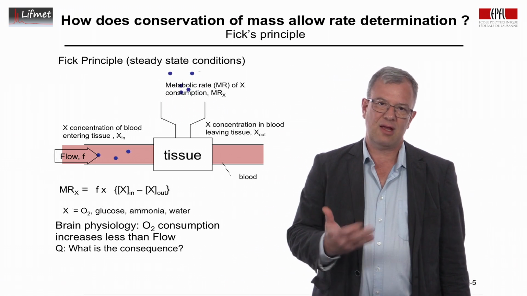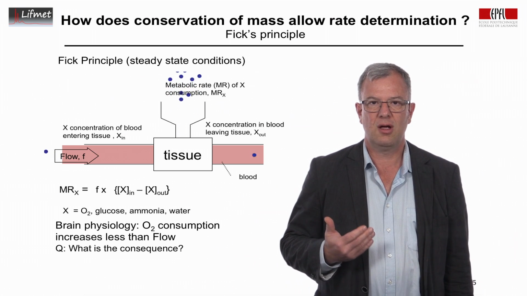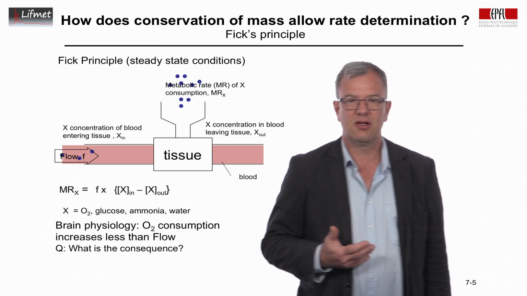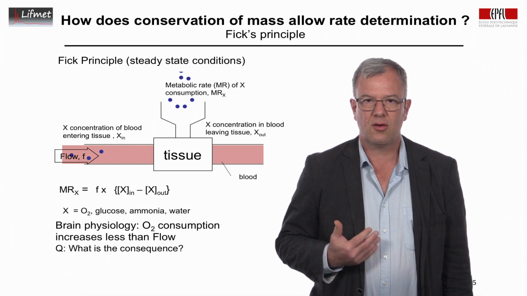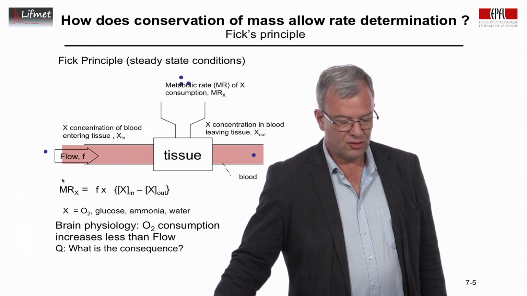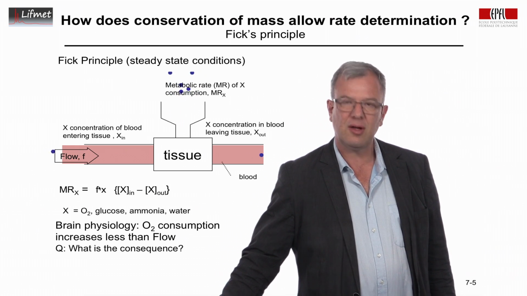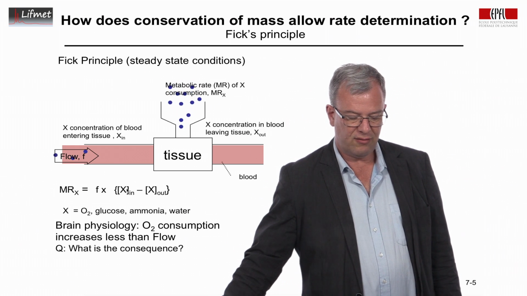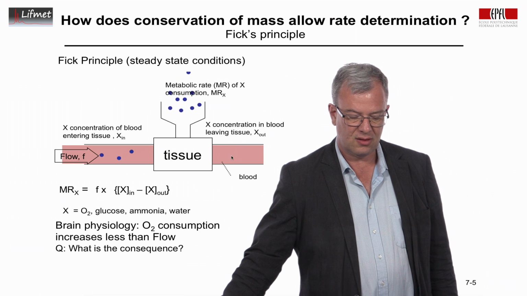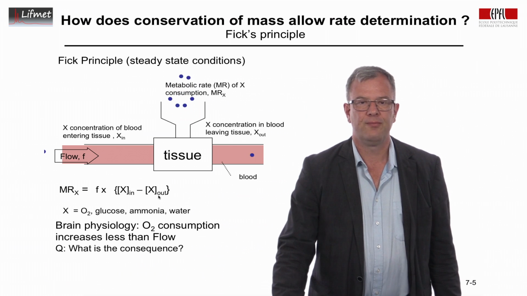You can think of it, take the extreme case. Let's assume that the blood flow is increasing, but the metabolic rate is not changing. So we have no change in oxygen consumption, but we have an increase in blood flow. Then the difference in concentration between the supply side and the output side of the blood flow has to reduce.